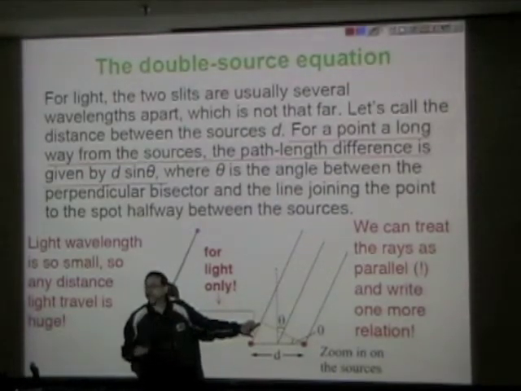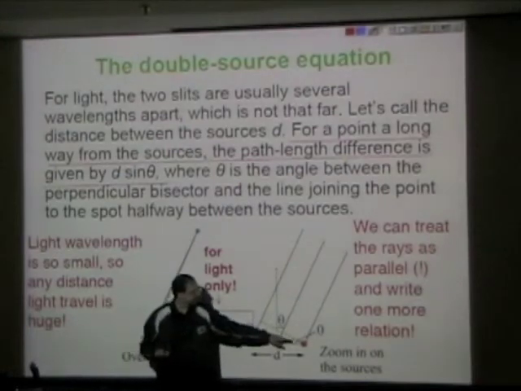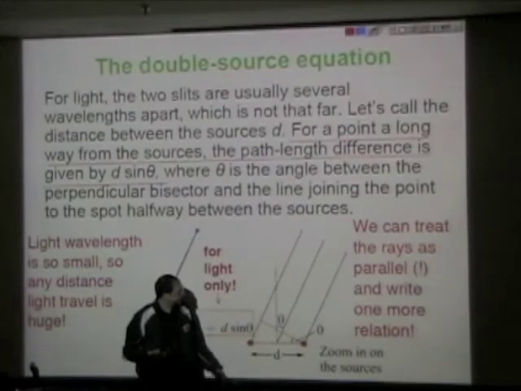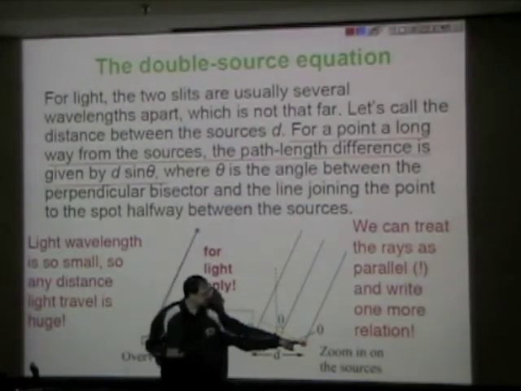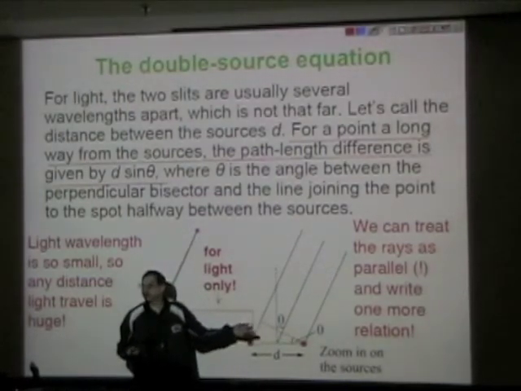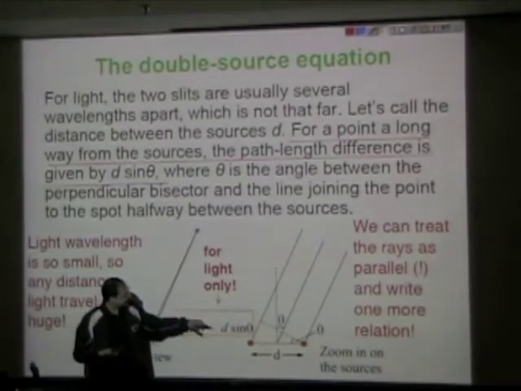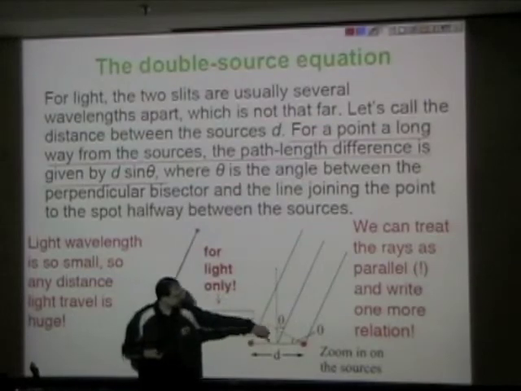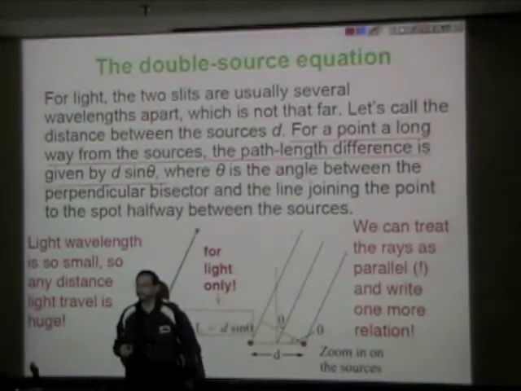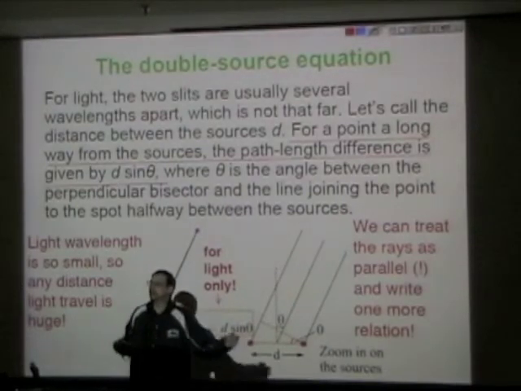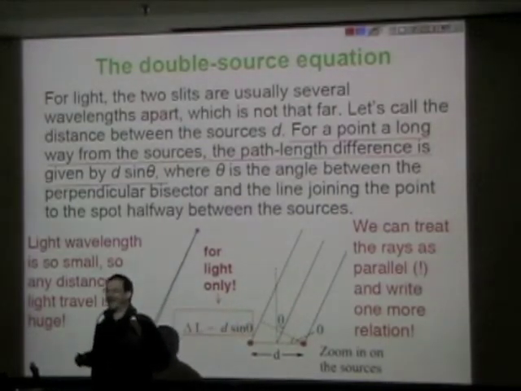This is supposed to be the path length difference between this ray and that ray. So how can we calculate the path length difference? We can use the right triangle rule. The path length difference is going to be equal to the distance between the sources times the sine of this angle.